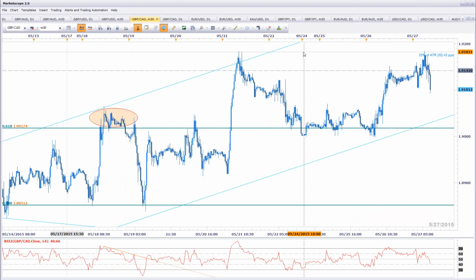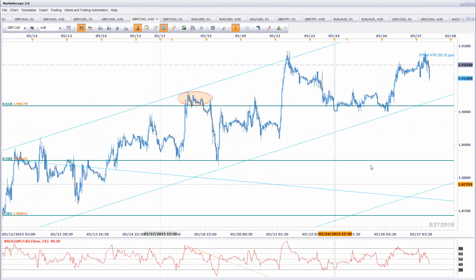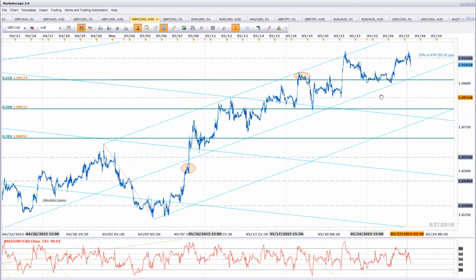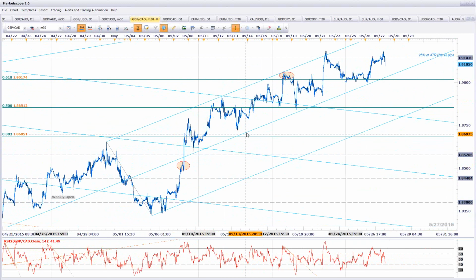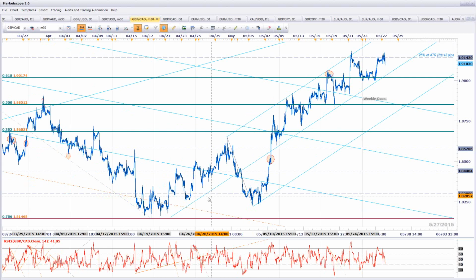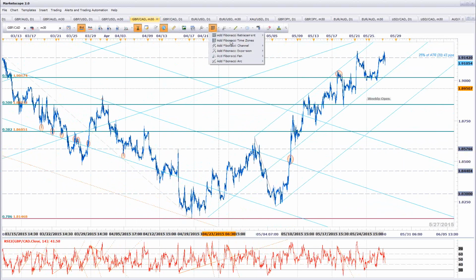And let's address really quick the intraday chart. And what's missing here is, oh, the extension.